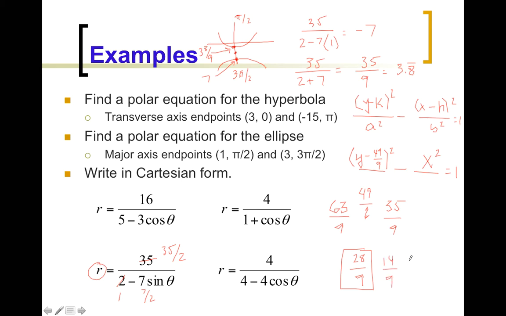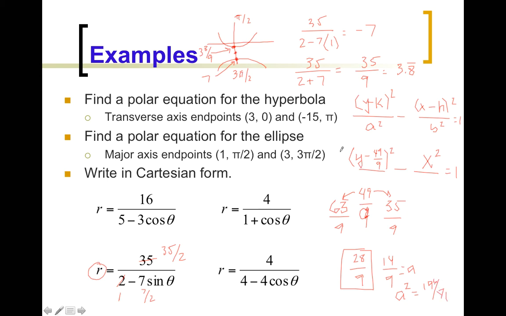So that's A. That's the distance from that center point to either of these points. And A squared is going to be 196 over 81. Wish this pen worked a little bit better. So A squared is 196 over 81.